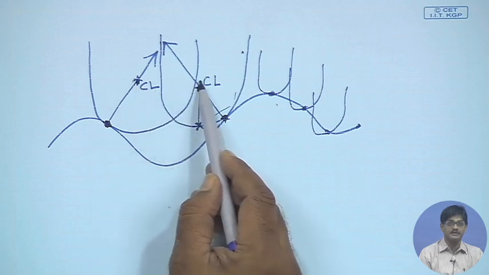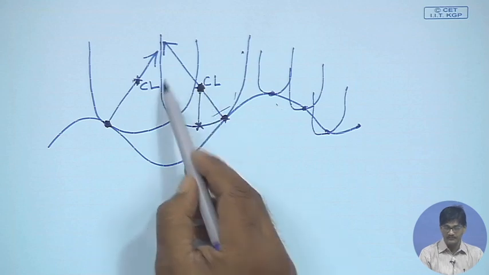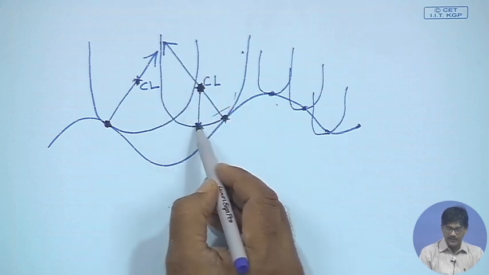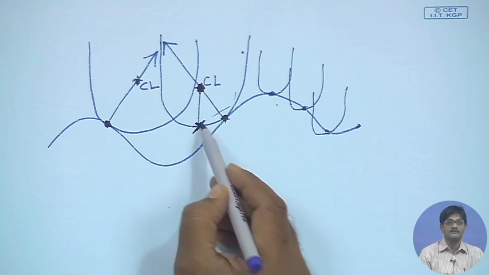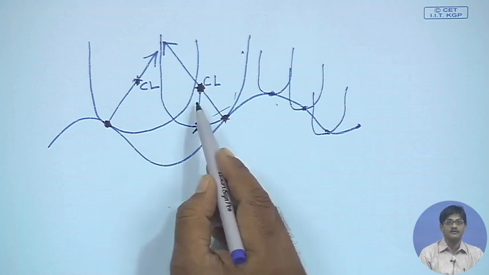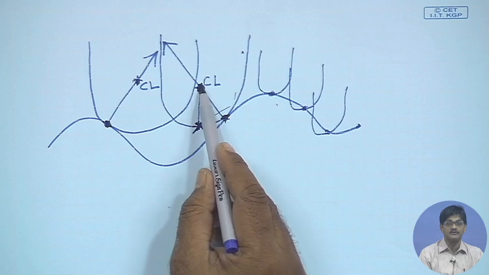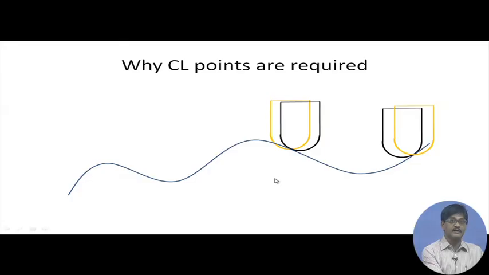It will immediately understand, yes, this is the position to which I have to bring the center of the spherical end. So, as per the convention of the machine, we have to give a specific point on the cutter for each and every cutter contact point and call it the cutter location point. This can be cutter location, this can be cutter location, like that. So, that is why we call it CL data, cutter location data.